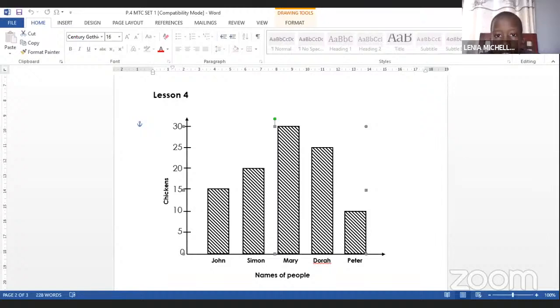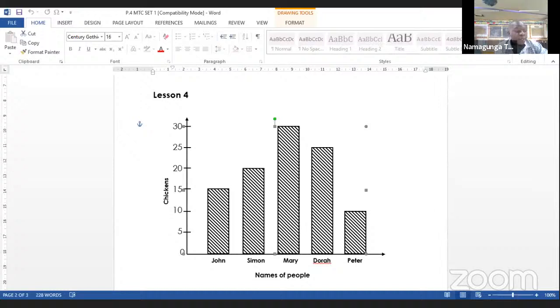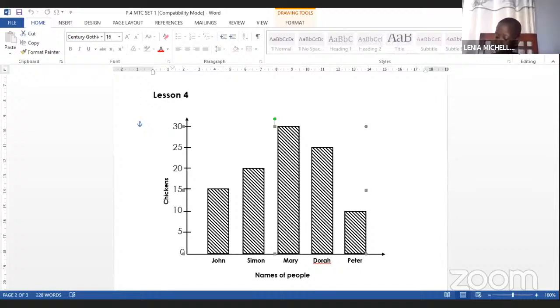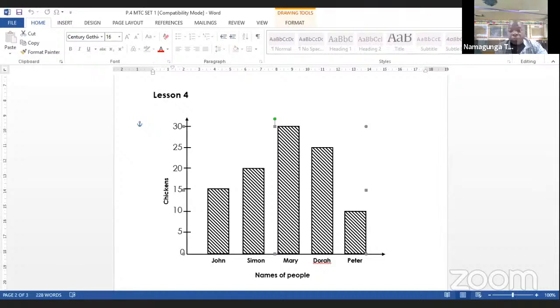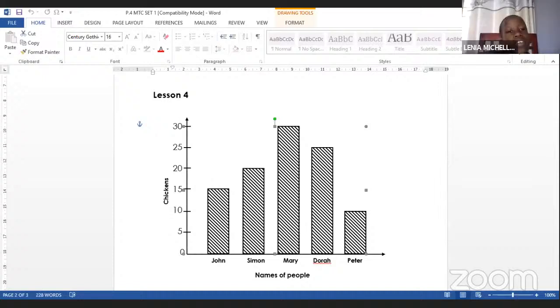That is set 1. Paper set 1. Yes, I have set 1. You have set 1. That is graph B. Now, that is lesson 3. The graph, the second graph. Okay, teacher, I see that graph. Yeah, that is it.